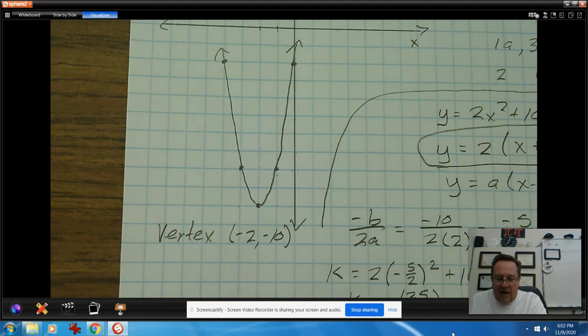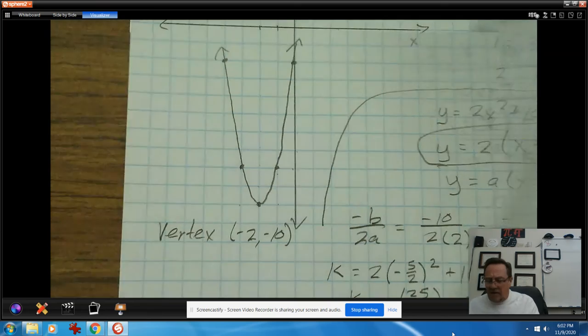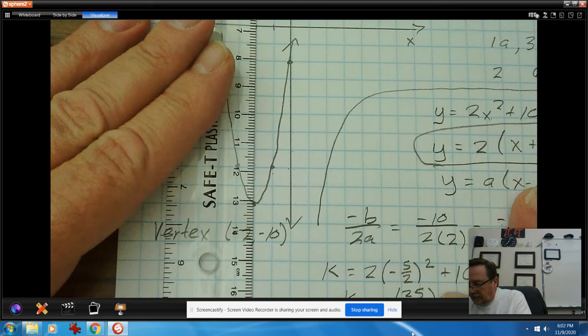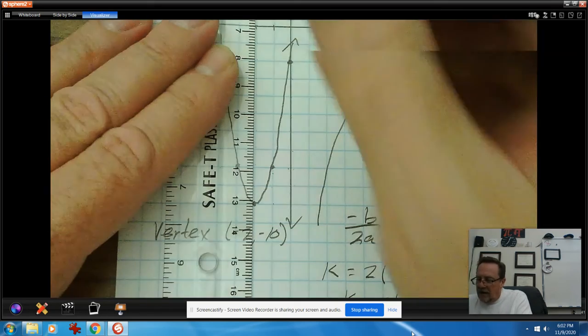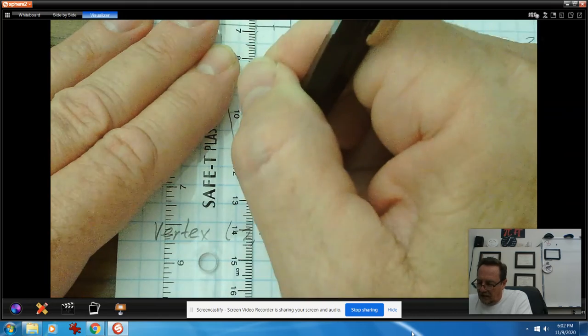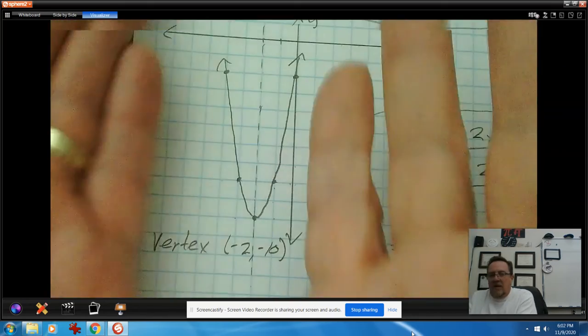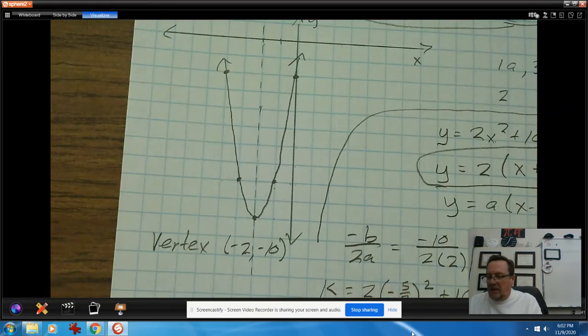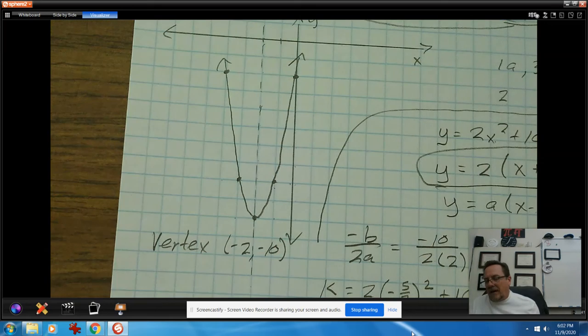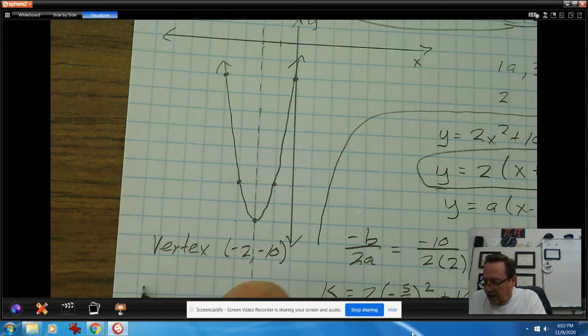But it might also say, give the axis of symmetry. What's that, Mr. Foken? Well, the axis of symmetry is the line that you could fold this function over and it would be the same. So we take this and fold it over that and we get the same branch on either side. This is the axis of symmetry. It's a line that goes up and down, which we call a vertical line.